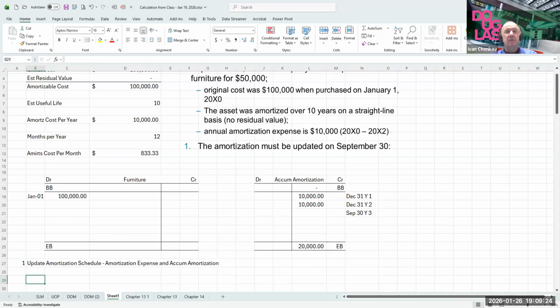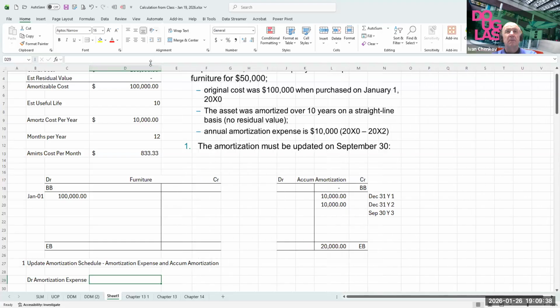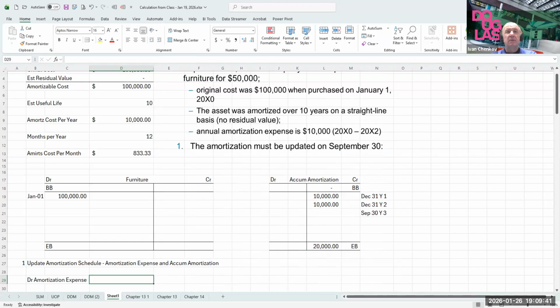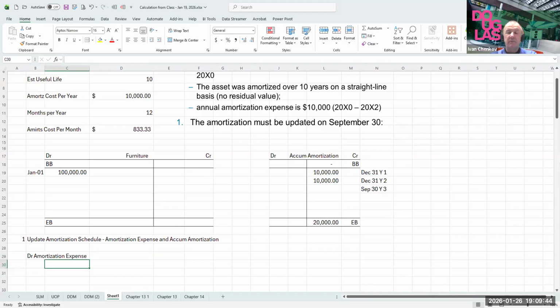So let's do it. Debit amortization expense, and the amount will be for 9 months: 9 times $833.33. And then we credit the accumulated amortization account for the same amount.